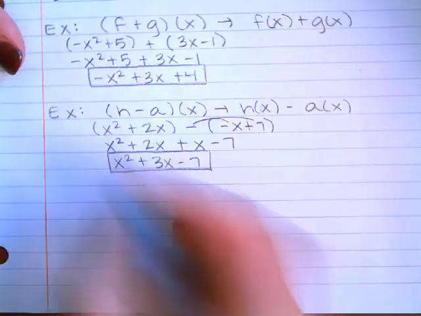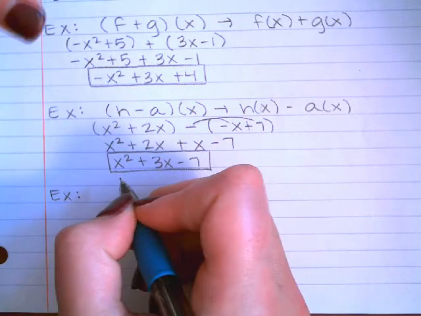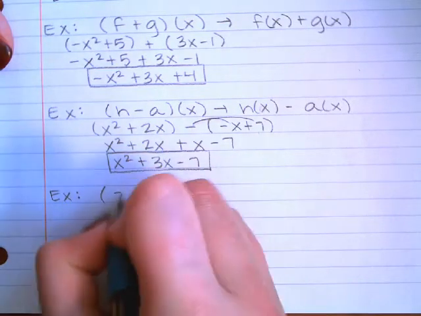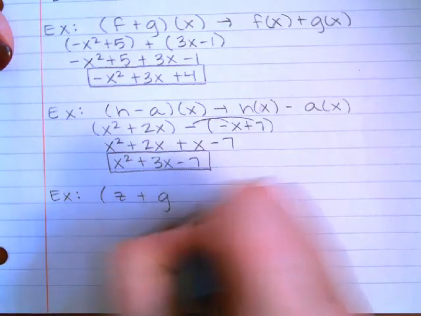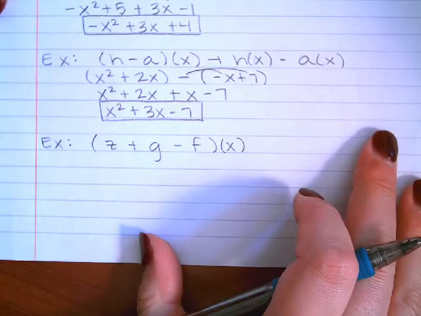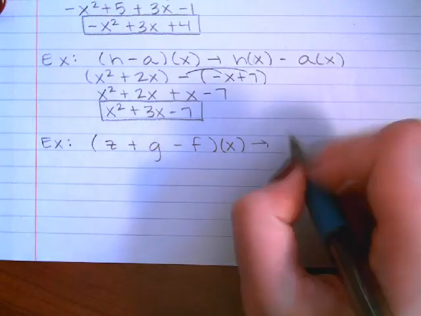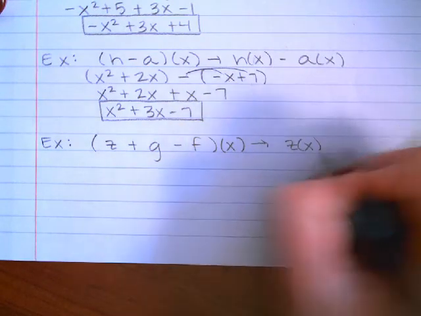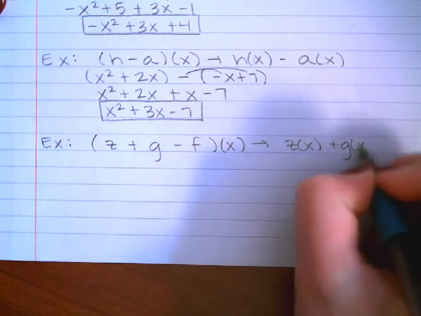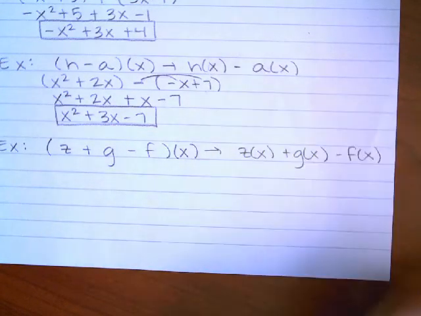All right, we can even do something like z plus g minus f of x. So this is z of x plus g of x minus f of x.